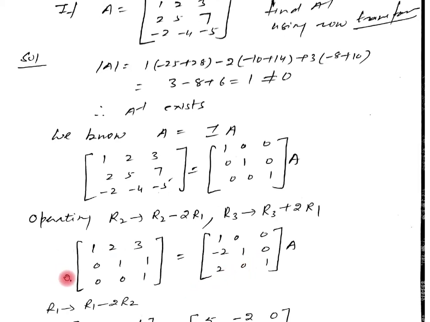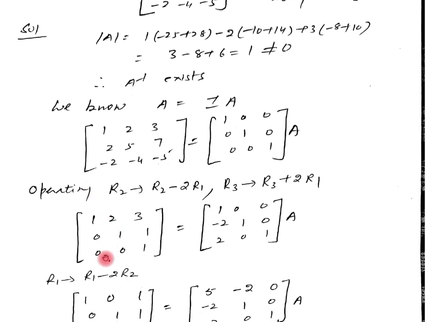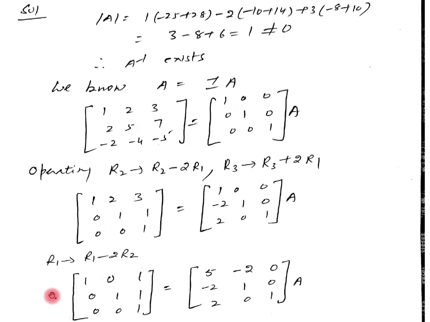Now our first column has been arranged. Now we have to consider the second column. Second column already this element has been arranged. This element also has been arranged. Only we have to make it 0. Now what I am doing here? Operating R1 to R1 minus twice R2 because 2 minus 2 is 0.